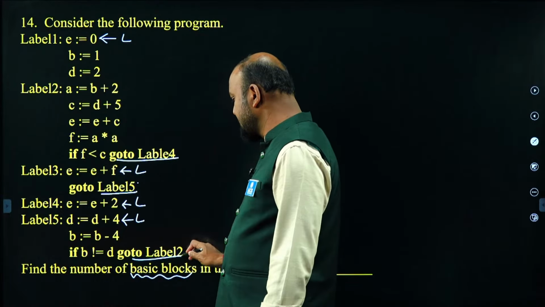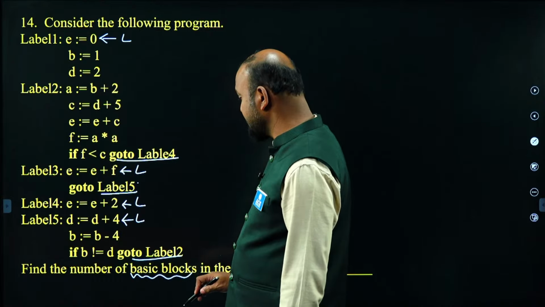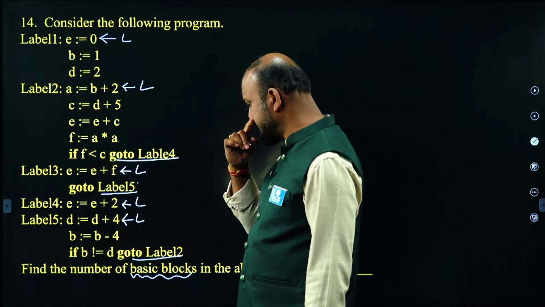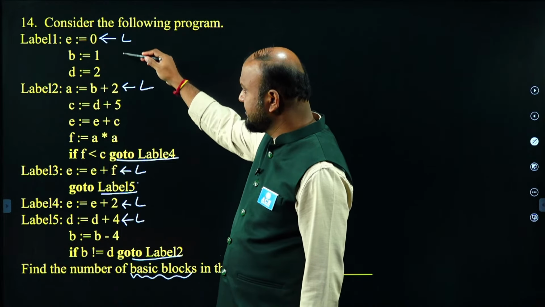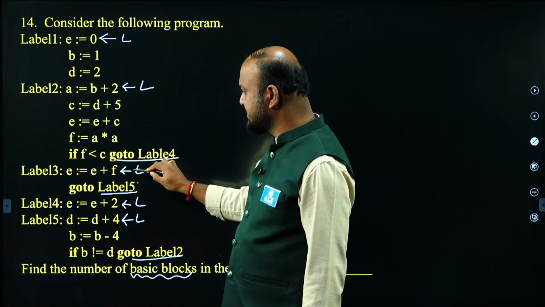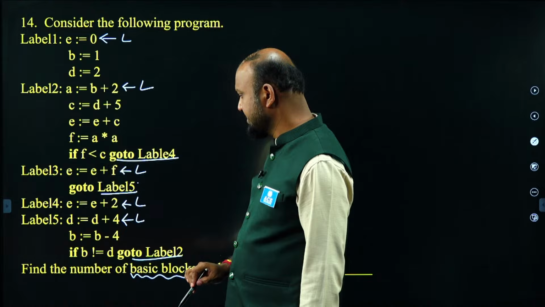Goto label 2, sorry. Label 2 is a leader. Its immediate next statement is a leader. Any more? First statement is a leader. Goto label 4. Label 4 is a leader. Its next statement is a leader. Label 5 is a leader. Its next statement is a leader.